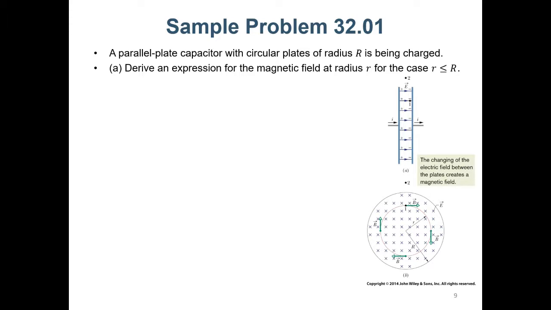Okay, so this is the parallel plate capacitor I just showed on the previous page, with circular plates. This is a circular plate of radius R being charged. Derive an expression for the magnetic field at radius r for the case r smaller than capital R. So this is the cross section.